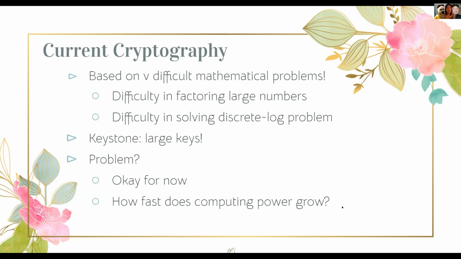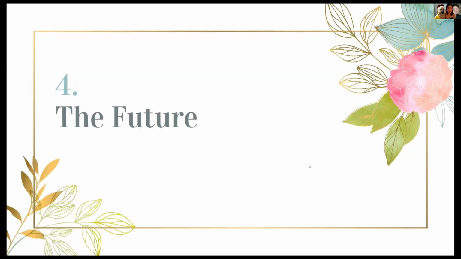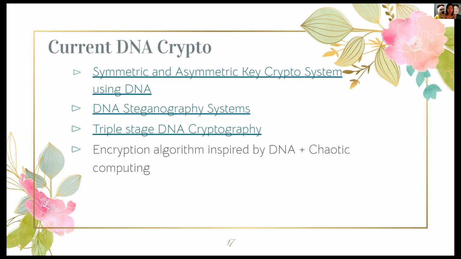Well, much longer in the grand scheme of things, but a while longer right now. Okay, so it's okay for now, but how fast does computing power grow? Very quickly, exponentially. If we take a look at this, we've covered a bit about what the current scope of DNA cryptography is.